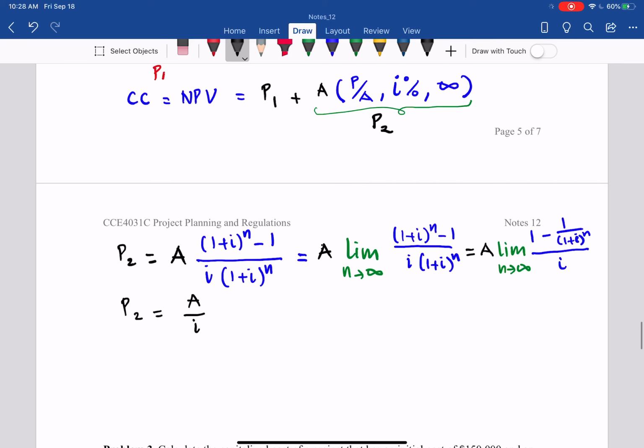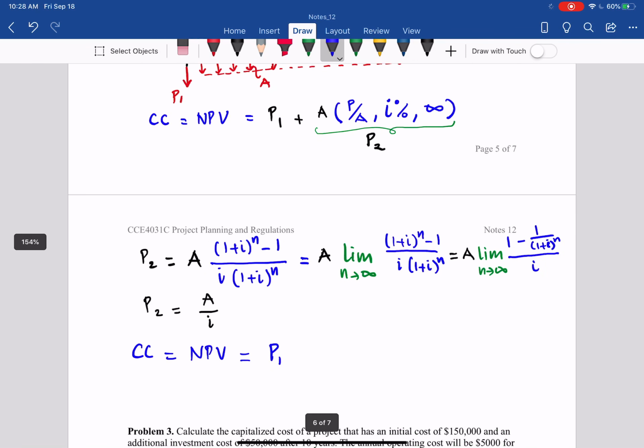So from that, we can see that the capitalized cost now become CC equal to NPV equal to P1, whatever initial cost you had, plus P2, in this case, it equal to A over I. And you can see that. So that is basically the capitalized cost.